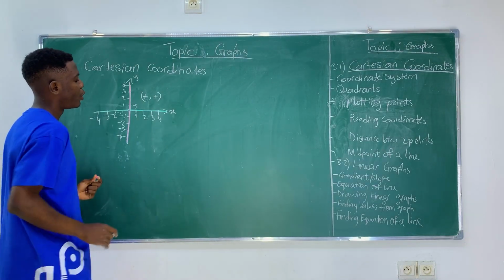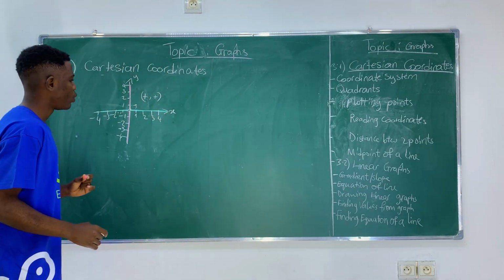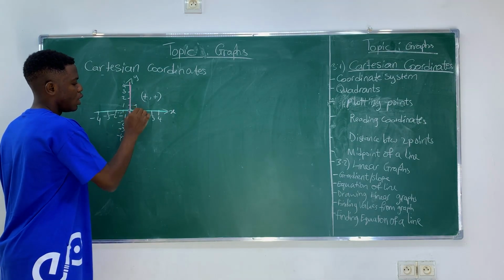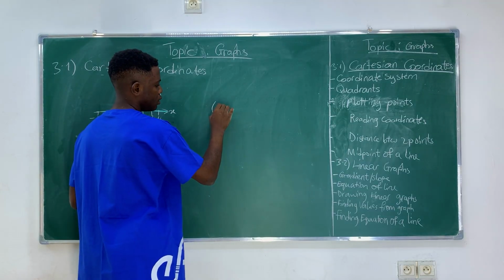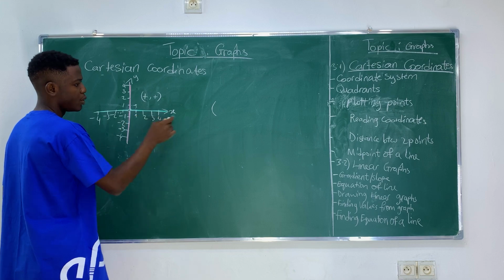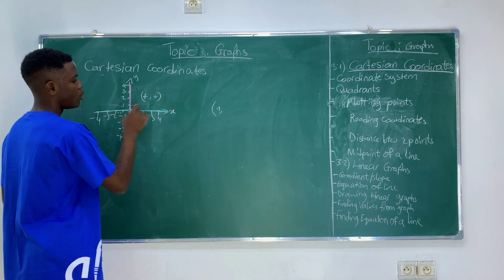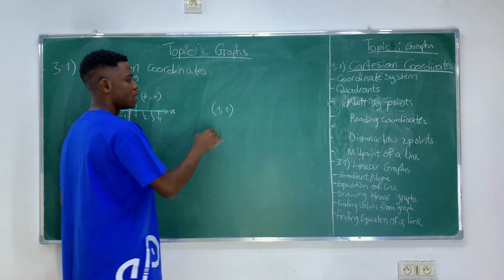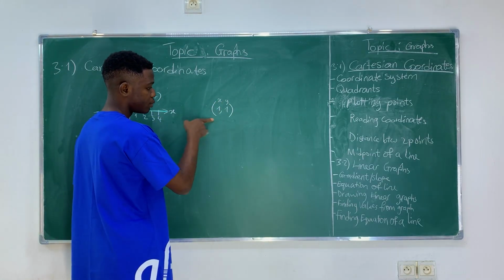When you want to read a point, how will you read it? You say the x value of the point is 1. The point is situated at x equals 1 and y equals 1. So you say x is equal to 1 and y is equal to 1.